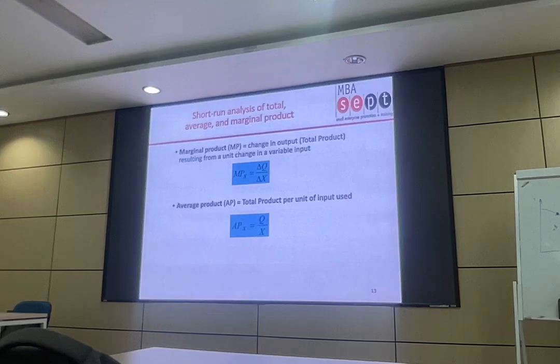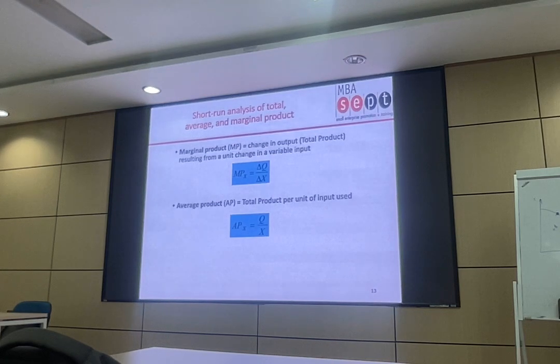Marginal product is the change in total output resulting from a unit change in the variable input. It means when we increase the input by 1 unit, how much output we will get. So that is the marginal product.